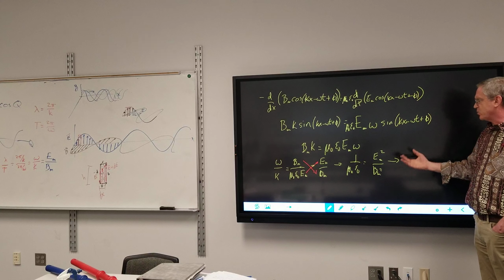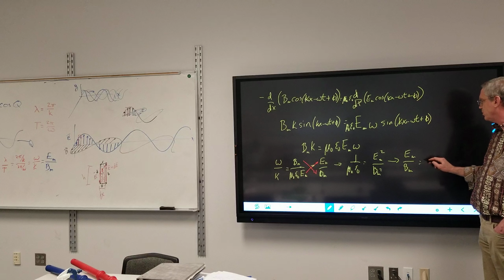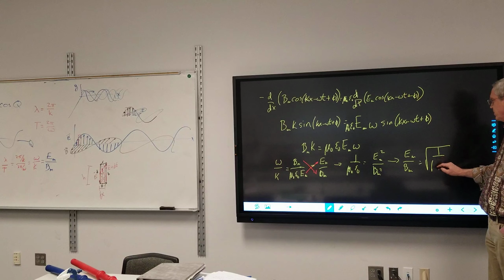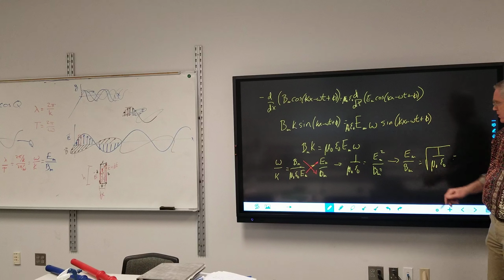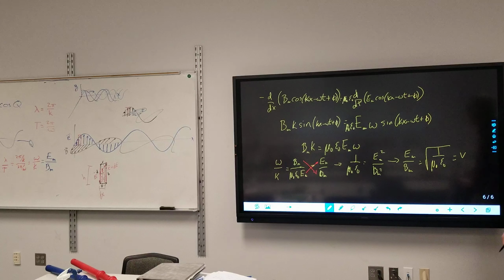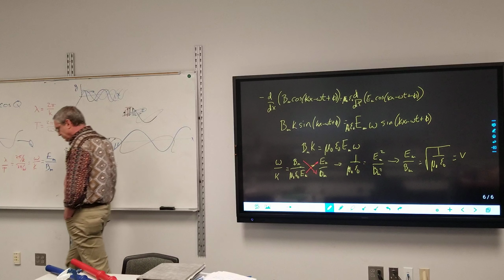And from this, if I take the square root of both sides, I get Em over Bm is equal to the square root of 1 over mu sub naught epsilon sub naught, and Em over Bm is just the speed of the wave. So Maxwell derives the speed of an electromagnetic wave.